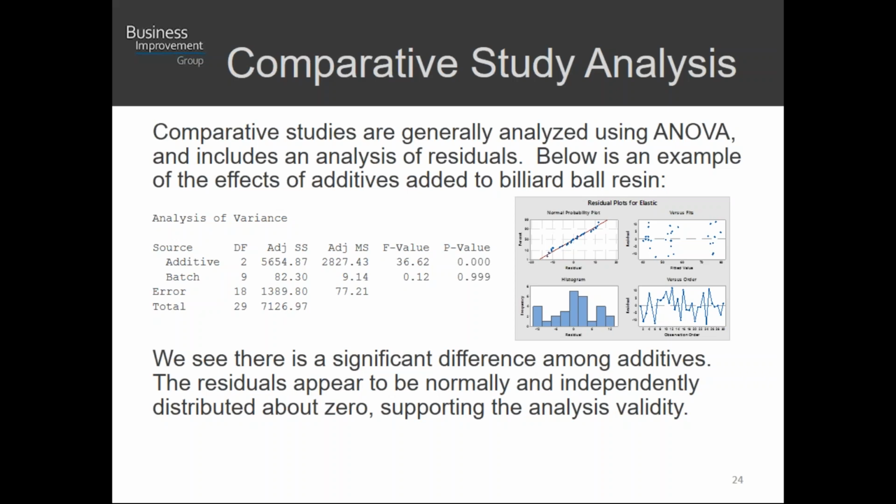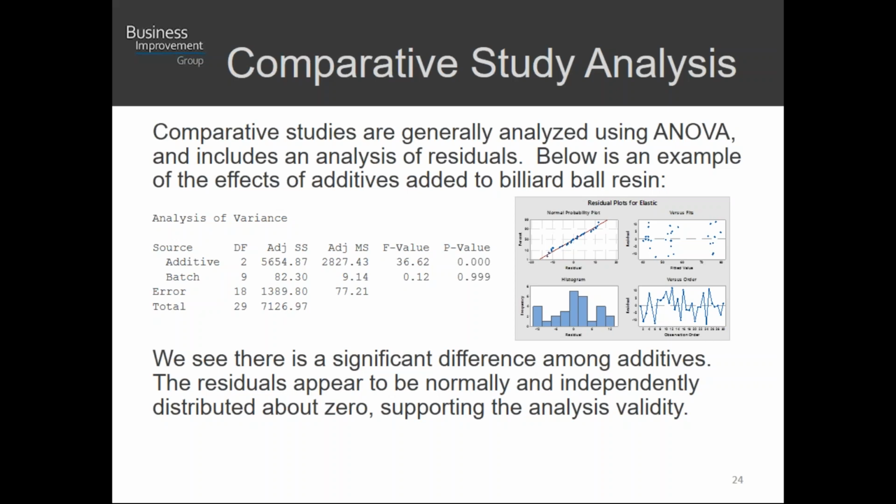And then if I look on the right-hand side at that chart, again, that residual analysis, I'll look in the upper left-hand corner, and most of my blue dots fall on that red line. That's usually a good indication that they're normally distributed. And then in the lower right-hand corner, I look at that zigzag blue line that goes about the dashed line.